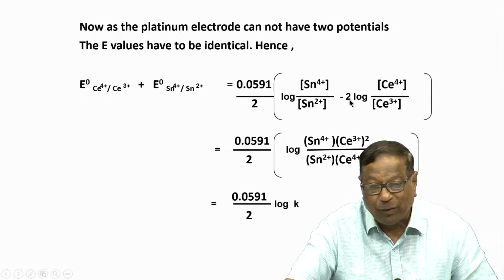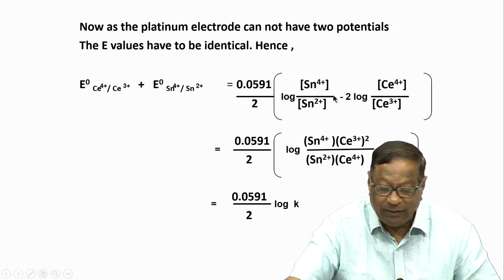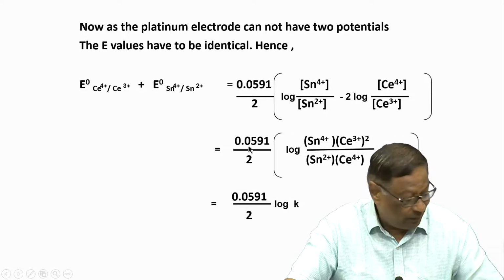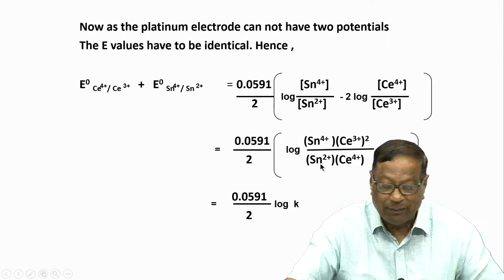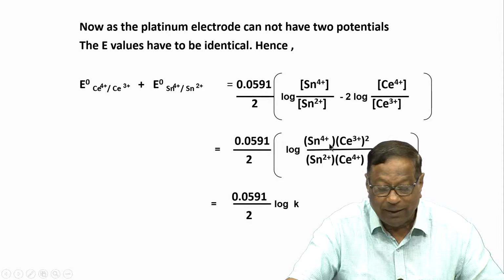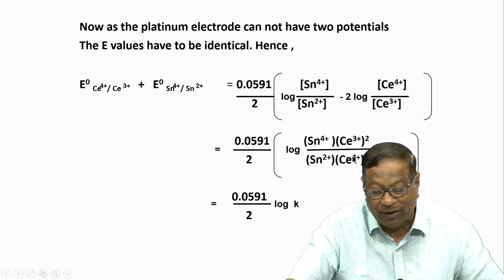So, it has to be twice the stoichiometry. So, this equation can be rewritten like this, 0.0591 divided by 2 logarithm of stannic by stannous into cerous by ceric, both of them should be whole square, it should be 2 here in the ceric also.